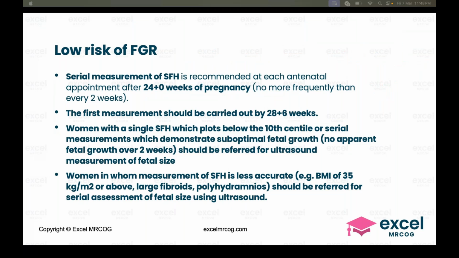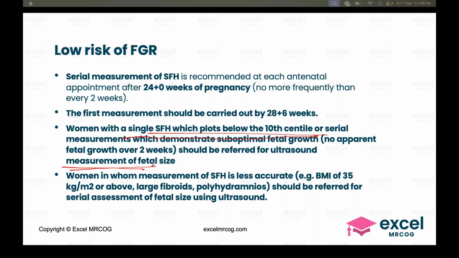And this symphysiofundal height is not just one single measurement. You plot it again on charts, just like EFW charts, on growth charts. Okay, and if it is below the 10th centile, or serial measurements demonstrate suboptimal growth, that is, there is no apparent growth over 2 weeks, it has remained the same, then she should be referred for ultrasound.